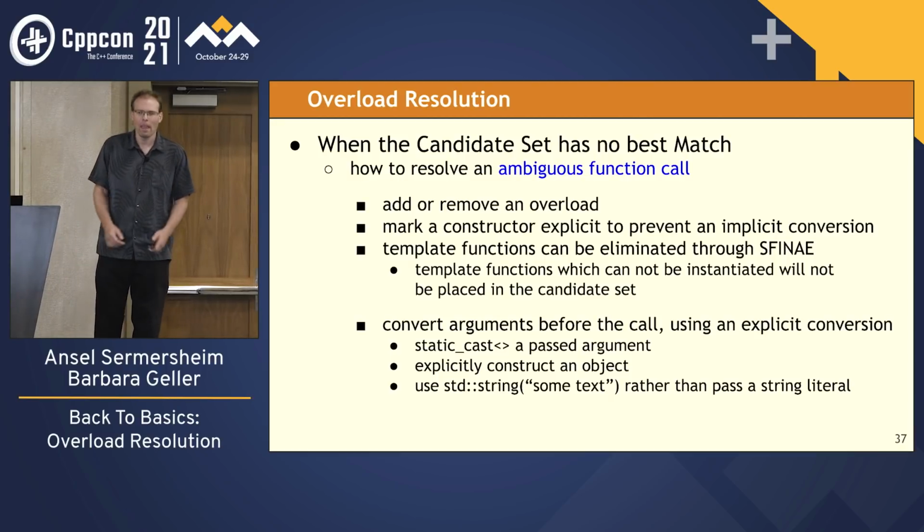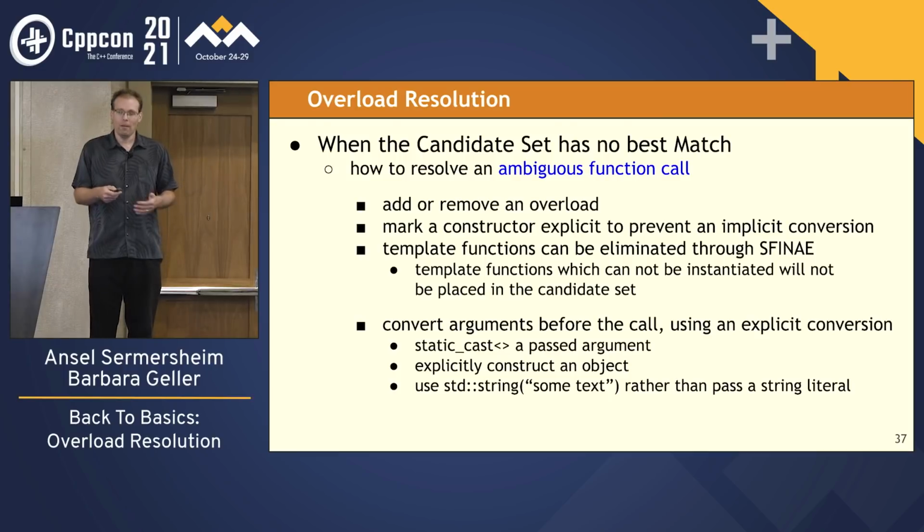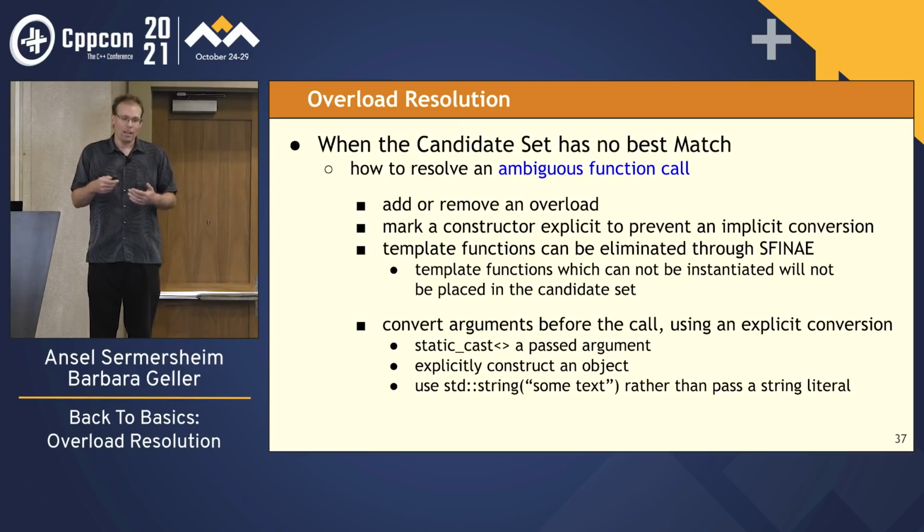You can also eliminate, if there are any templates in the candidate set, you can eliminate them using enable_if. And enable_if actually works through the overload resolution process by discarding candidates when it's discovered that they can't be used as valid candidates. This is also something you can do by adding concepts if you're in C++20.